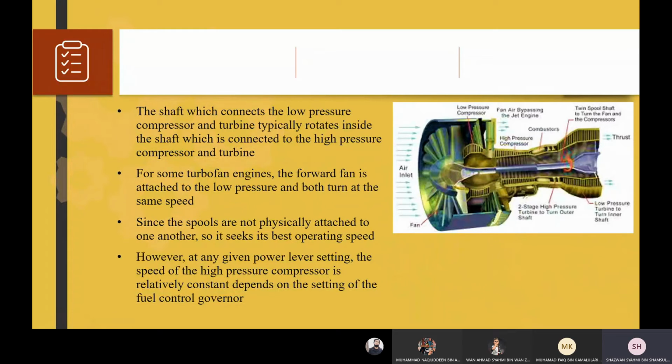Since the spools are not physically attached to one another, each can operate at its best speed. However, at any given power level setting, the speed of the high pressure compressor is relatively constant, depending on the setting of the fuel control governor.